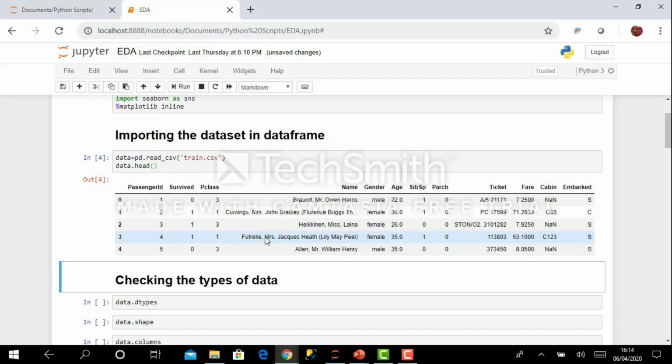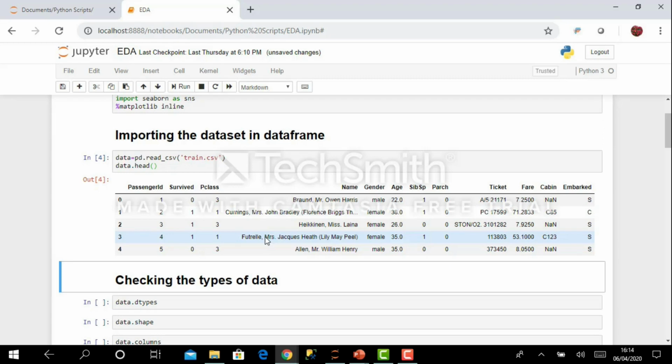So my purpose in analyzing this data set is that, with the help of the other features given in the data set, I can come to some conclusion about which features are responsible for whether that passenger had survived or not.